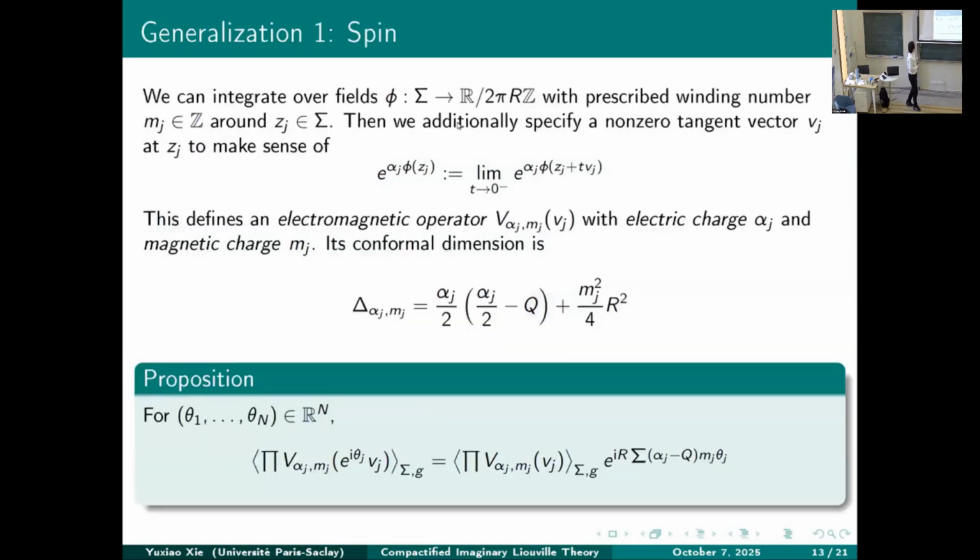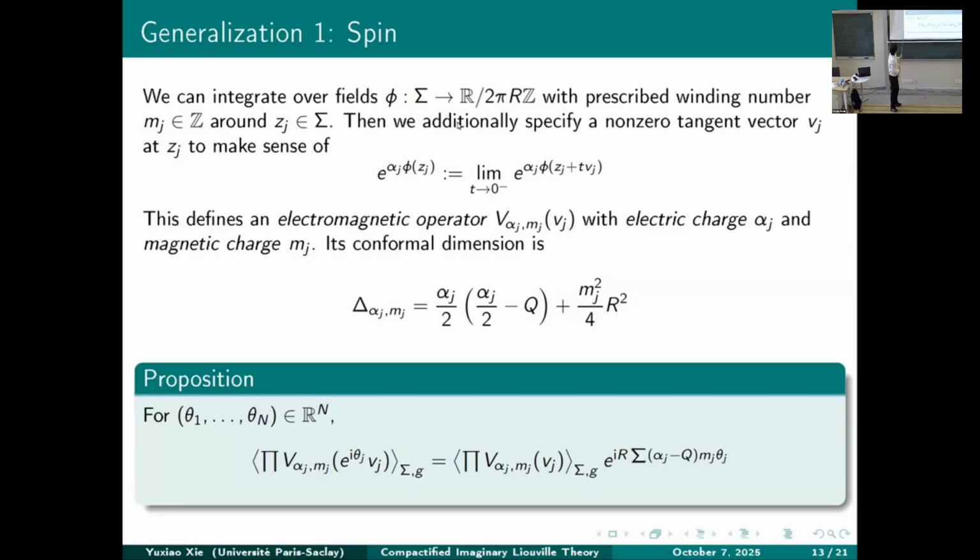As I said, I'm going to introduce some generalizations to the construction. The first thing that you can do is add in more topology. You can assume that your field has a non-trivial winding number around each of the marked points. If you do this, you need to specify a tangent vector at this point, because otherwise it wouldn't make sense to consider the value of the field at this point. If you add in this Vj, you can make sense of this as the limit of the field when you approach this point from the direction specified by Vj.